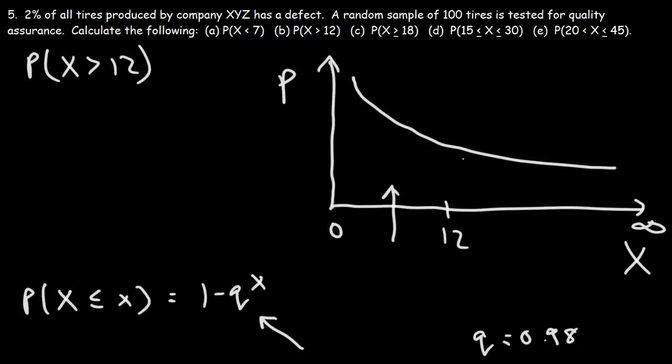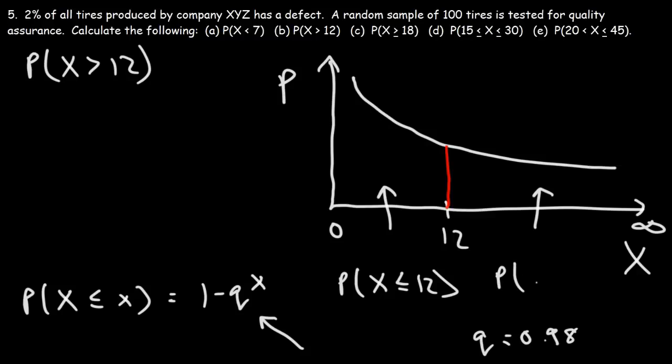This region here, let's separate it into two parts. The region on the left represents the probability where x is less than or equal to 12. The region on the right represents the probability that x is greater than 12, but not equal to it, since we included 12 on the left side.